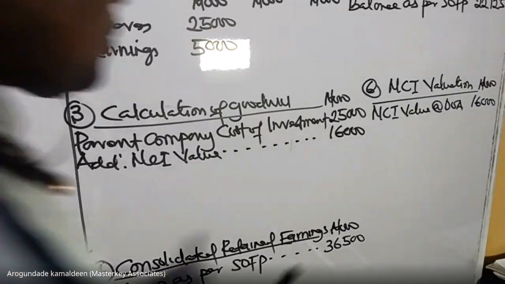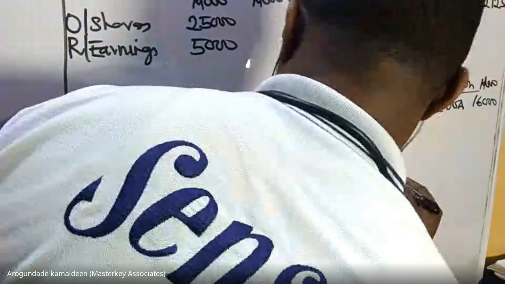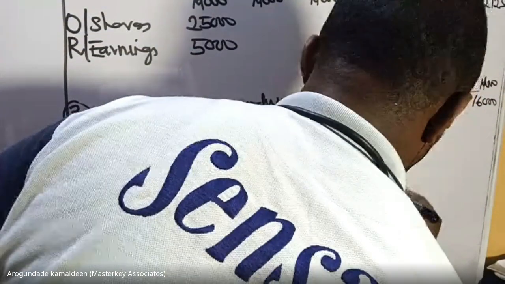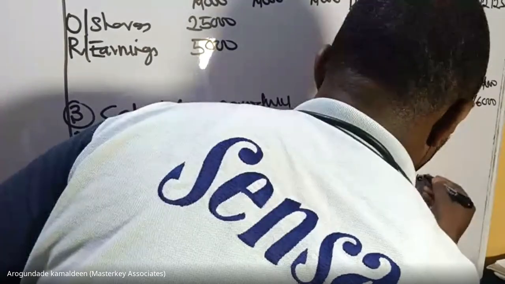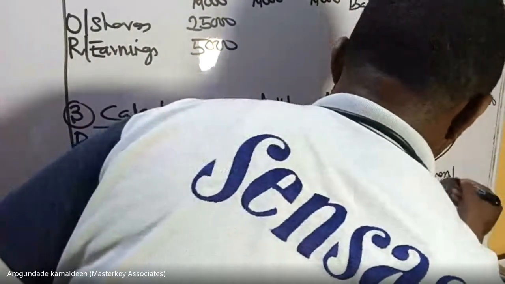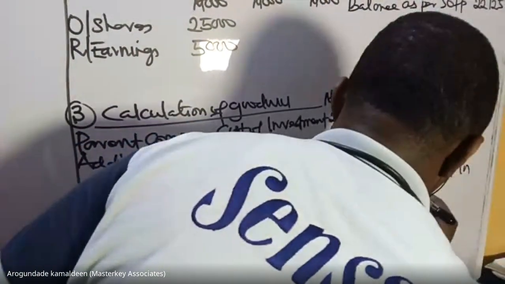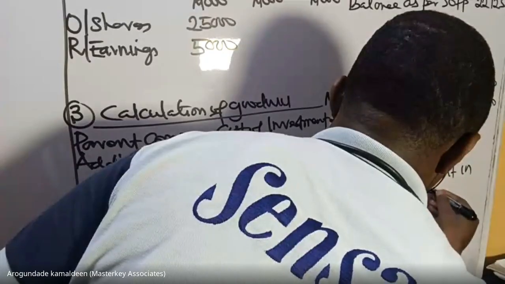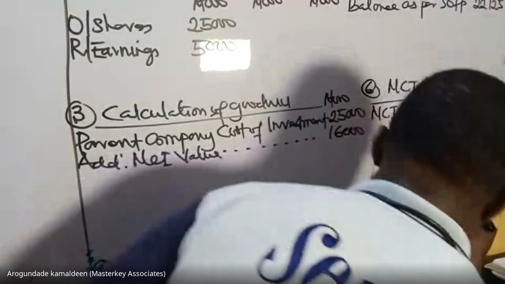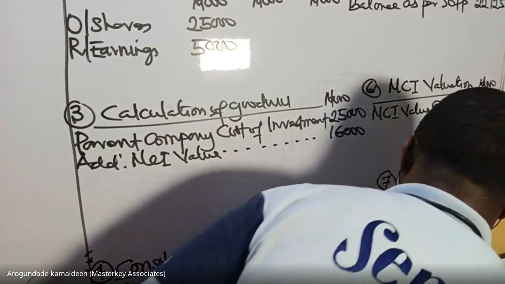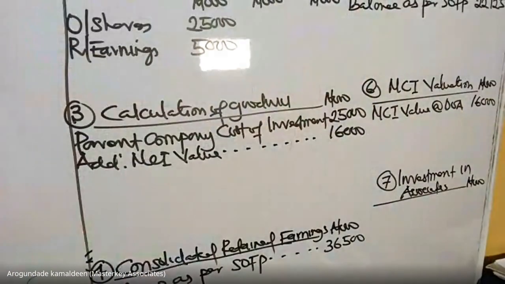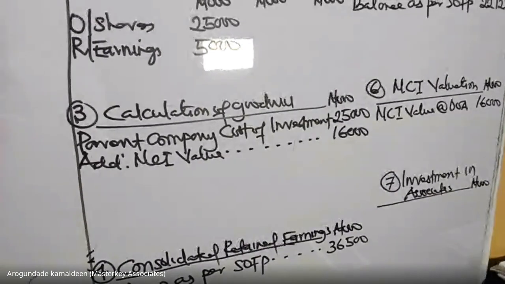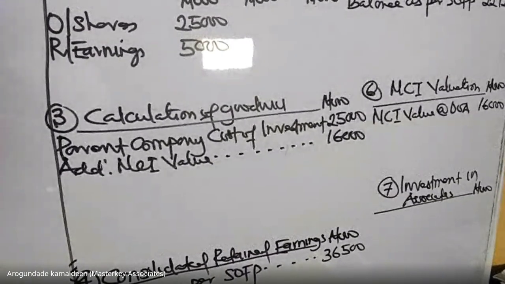We call it 7 here, investment in associates.